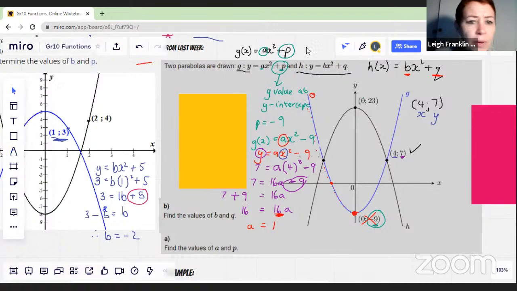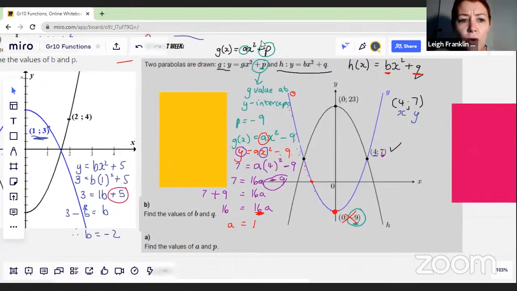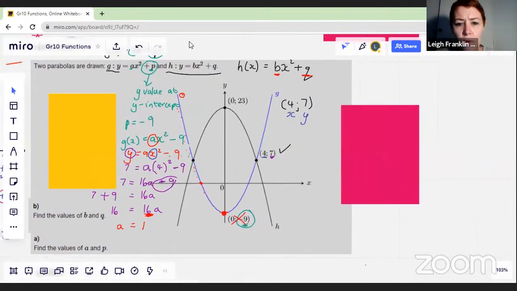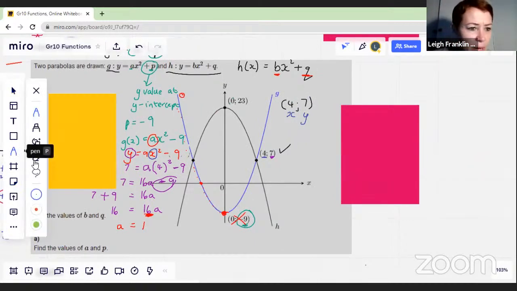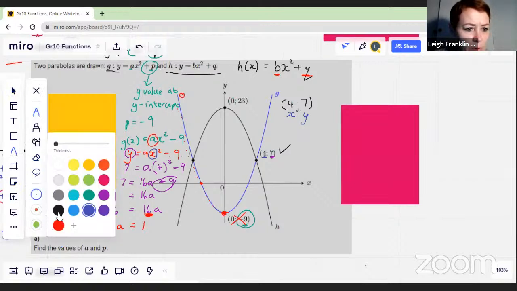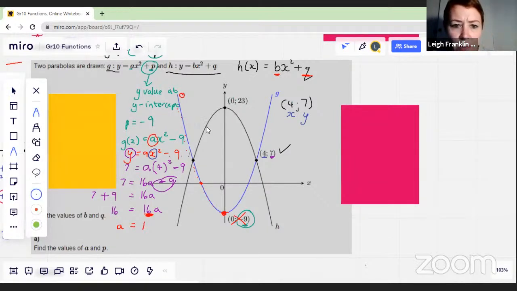Okay, so now everybody else, we are working on the black graph. Okay, everybody should be able to see the black graph. That's this one over here. Okay, h of x, this graph here, the black one.